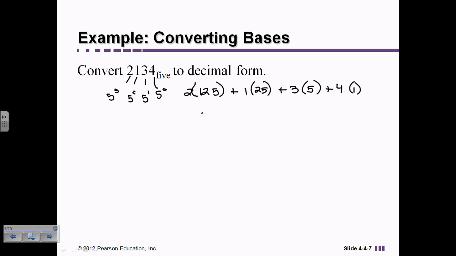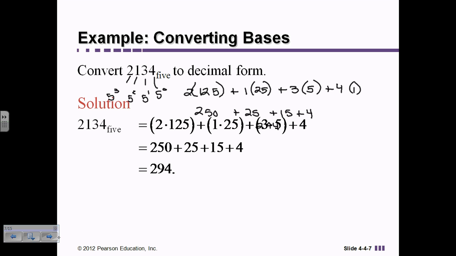So if we work all of this out, we have 250 here, we have 25 here, we have 15 here, and we have 4 here, and if we add all of that information, we get 294. So the number 2134 in base 5 is equivalent to the number 294 in base 10.